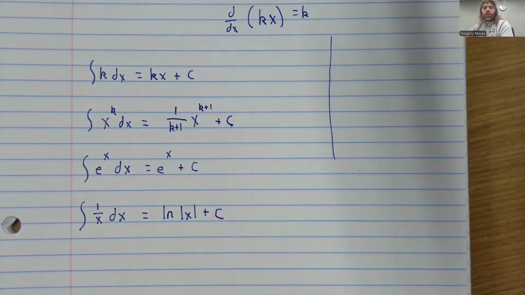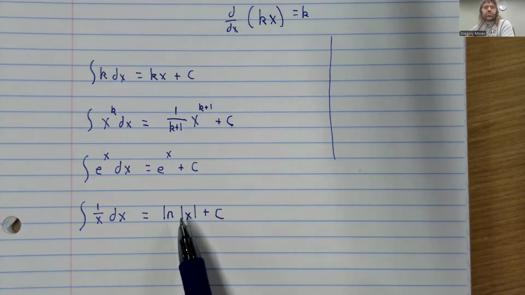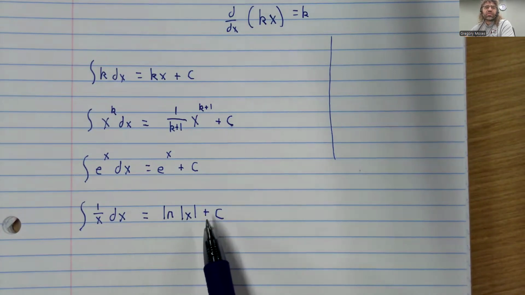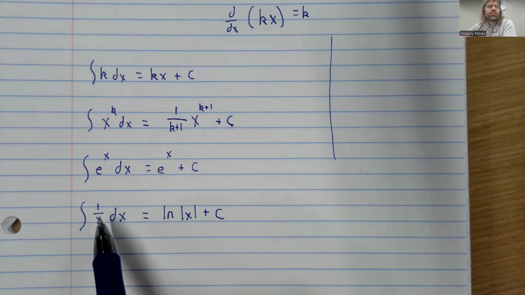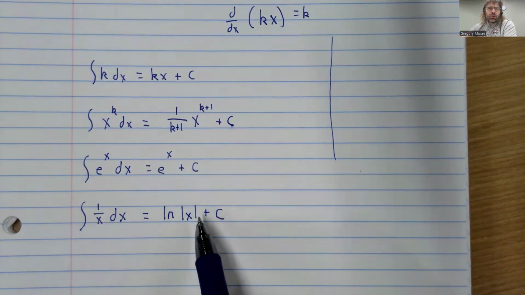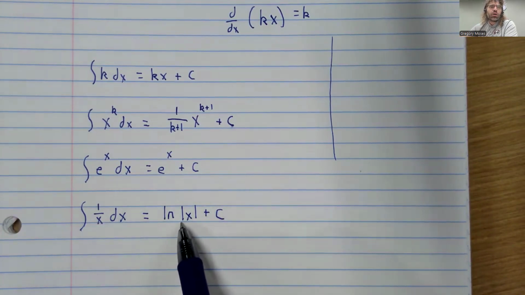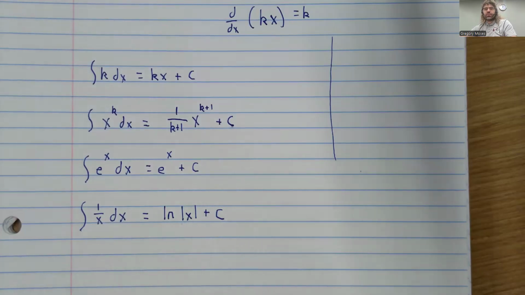The integral of 1 over x is the natural log of the absolute value of x plus c. And that's because if you're looking at the fraction 1 over x, x could be negative. But we can only take the natural log of positive numbers. So we put an absolute value around the x to make it be positive.